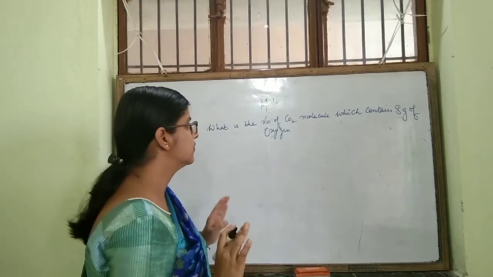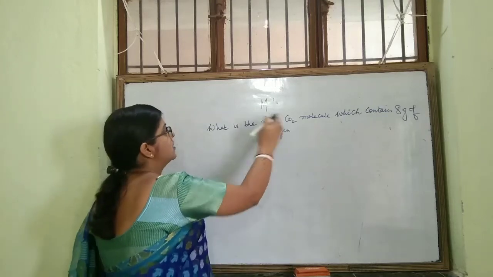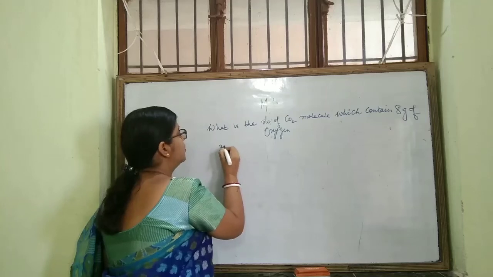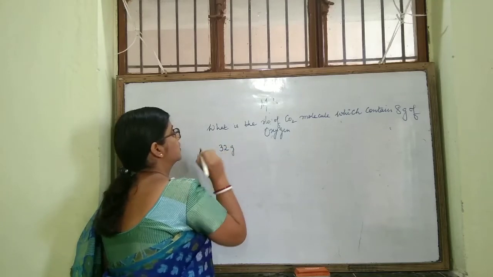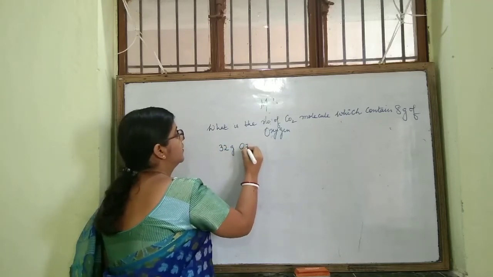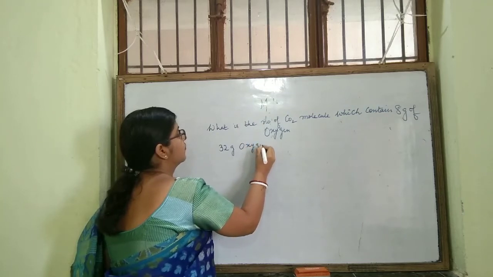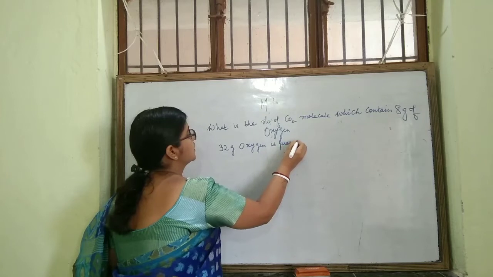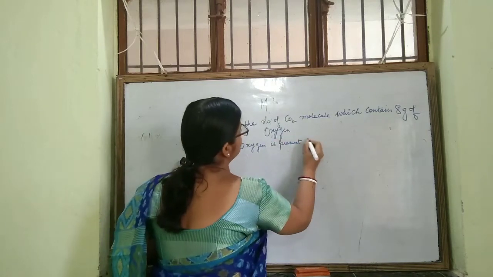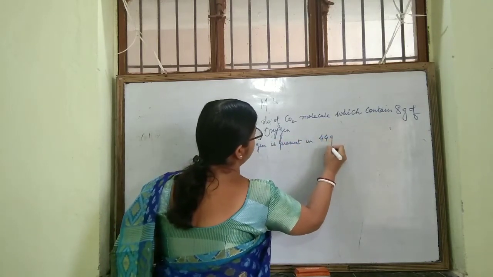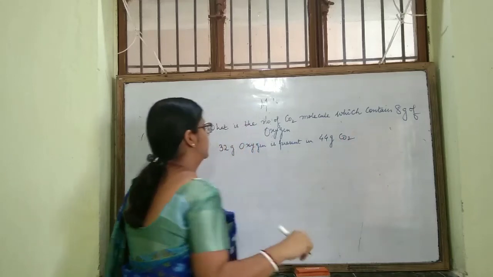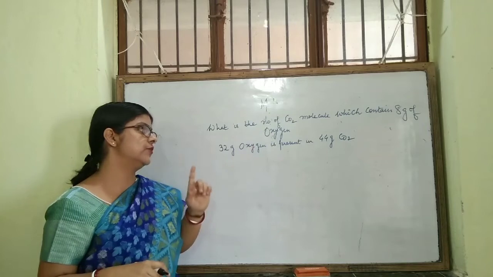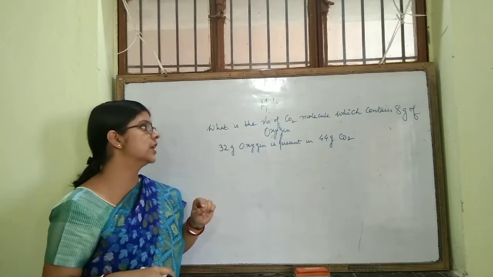Now, what is the formula? CO2. So, 32 gram oxygen is present in 44 gram carbon dioxide. Is this clear? 32 gram oxygen is present in 44 gram carbon dioxide.